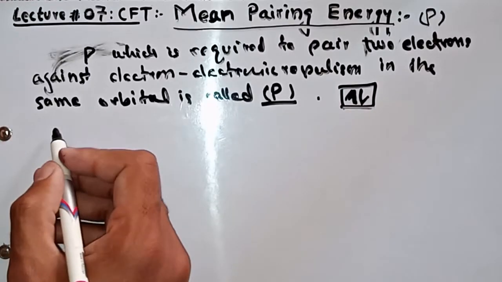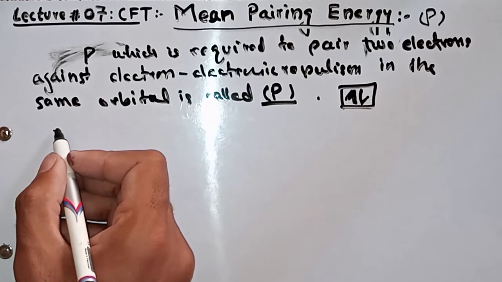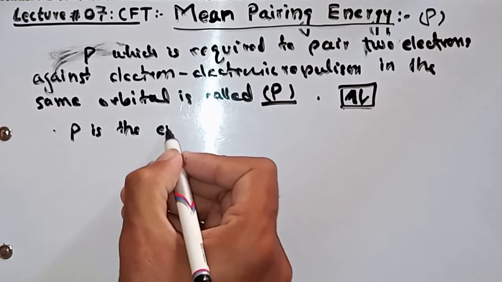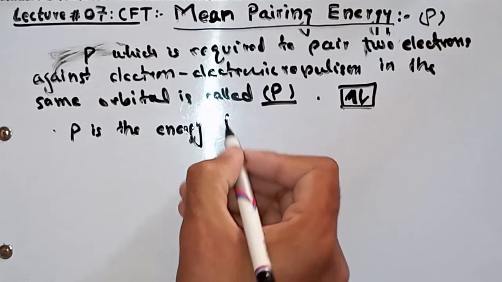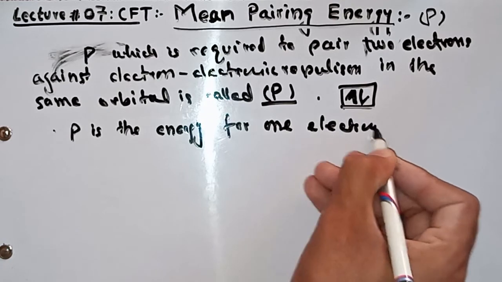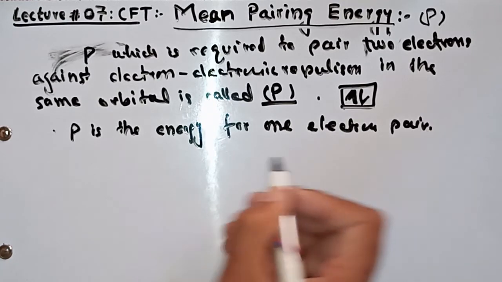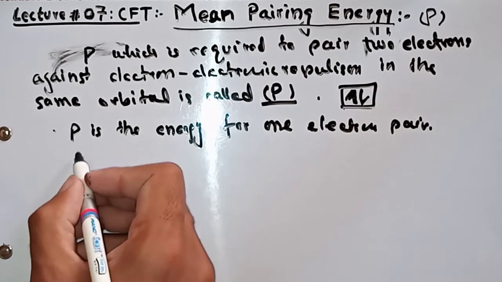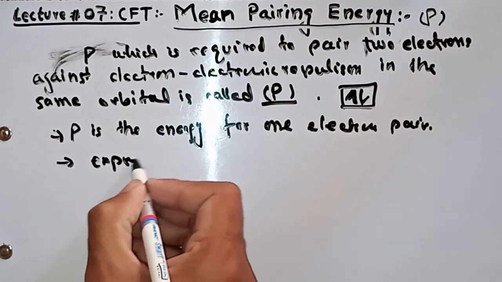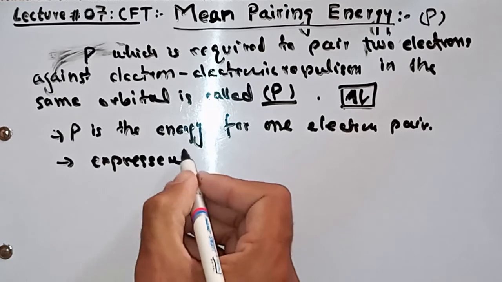So is it clear? Okay, mean pairing energy P is the energy for one electron pair. And P is an energy, so it can be expressed in units of energy.